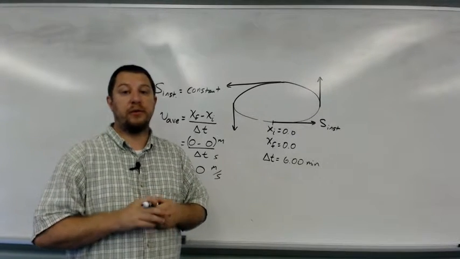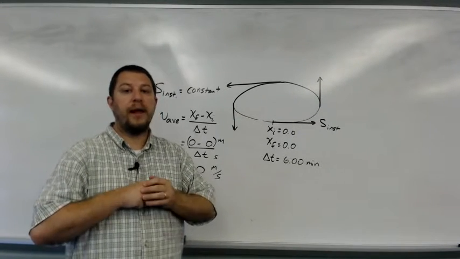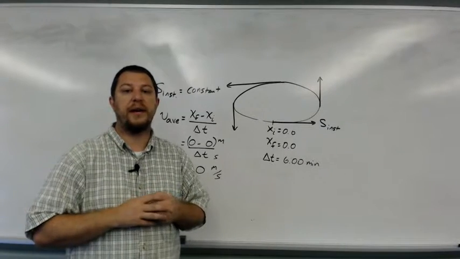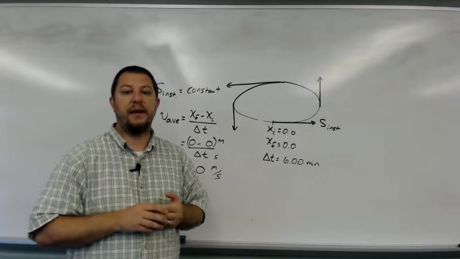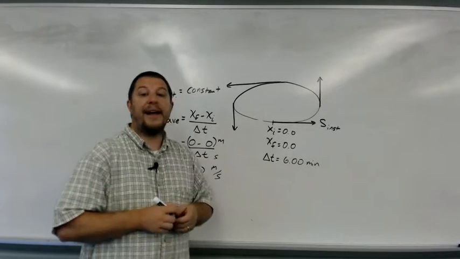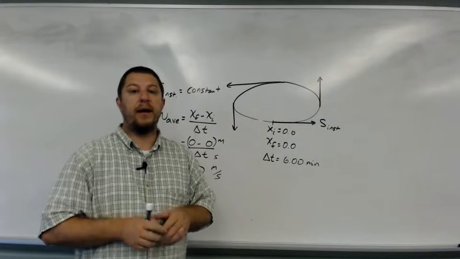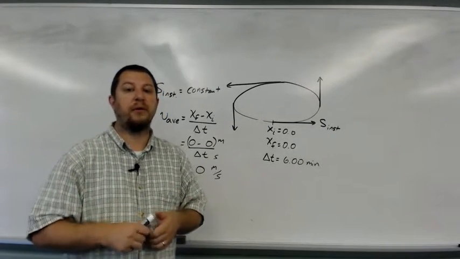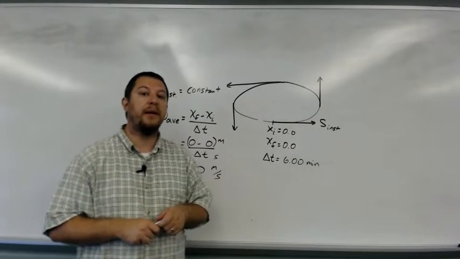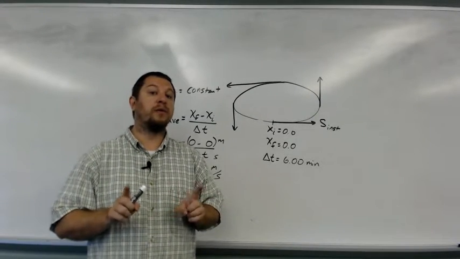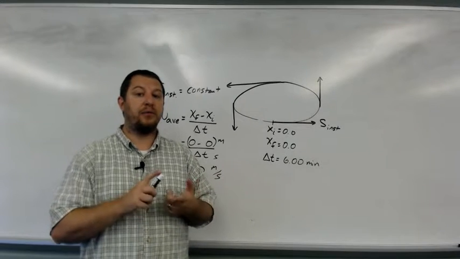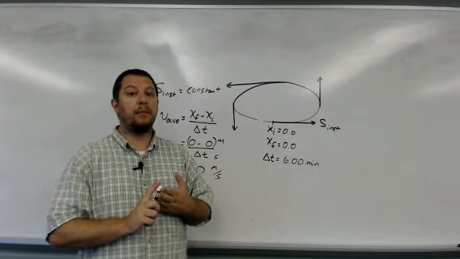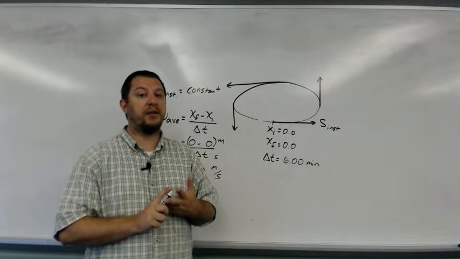So, for example, if you're driving on the highway on your way to a friend's house, and they call to get an estimated time of arrival, and they ask you, hey, what's your speed? All you have to do is look down at your speedometer and say, I'm going 60 miles per hour or 70 miles per hour, whatever the case may be. But if they were to ask you what your velocity was, you would have to look down at both your speed and either a compass, or you would have to be able to know what direction you were traveling in.